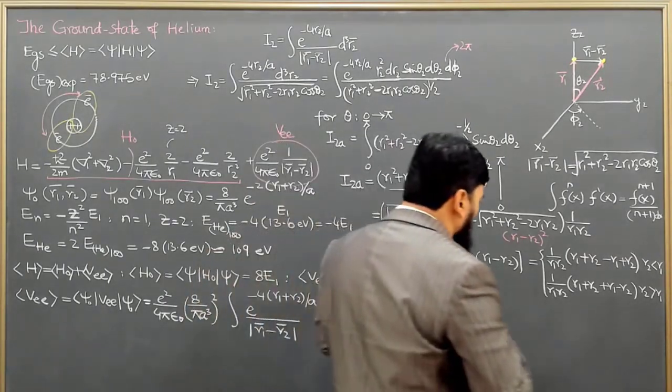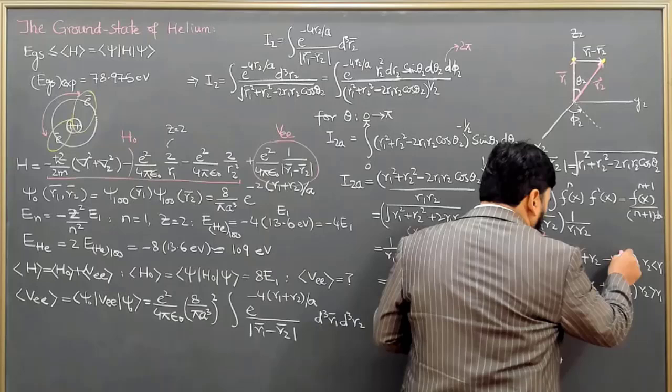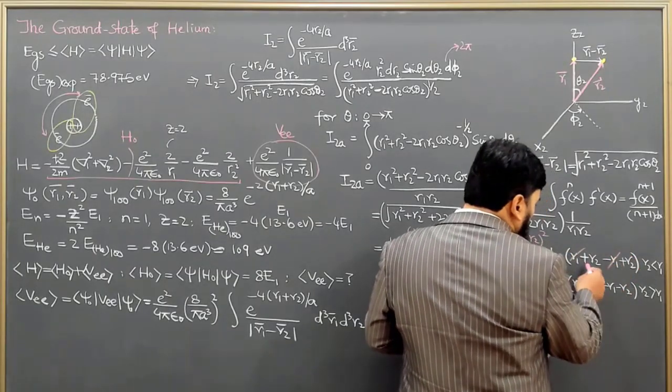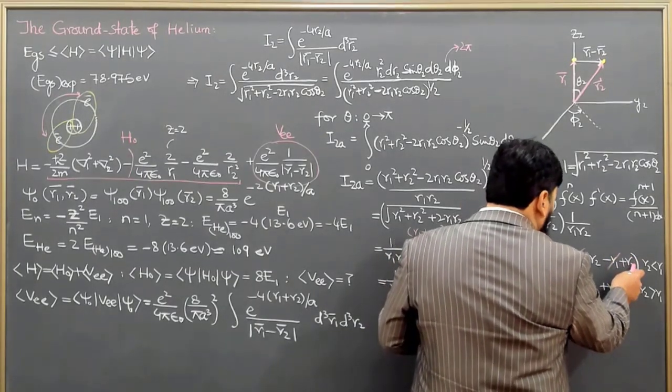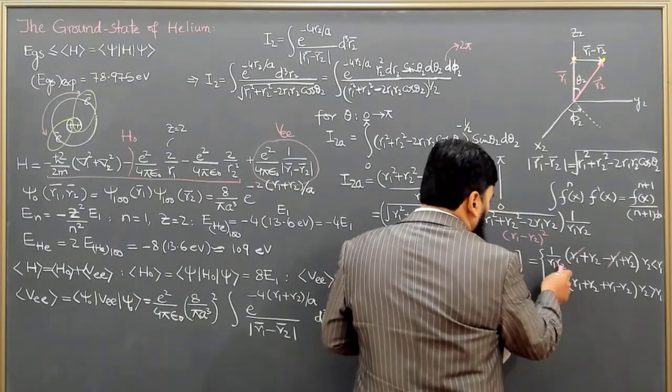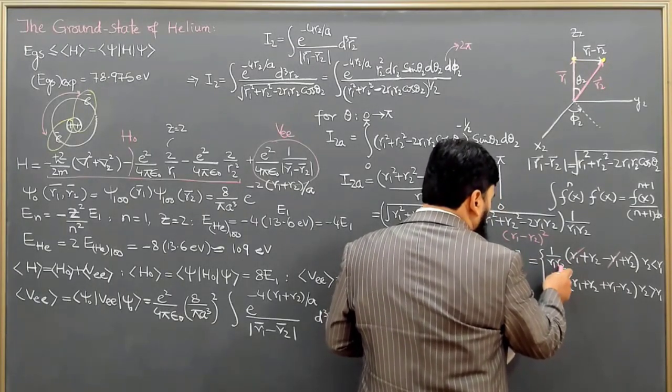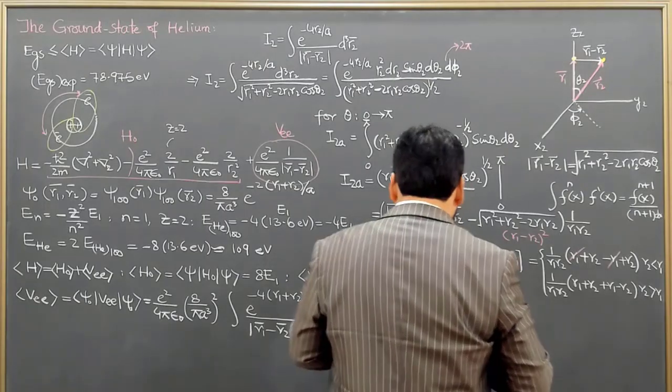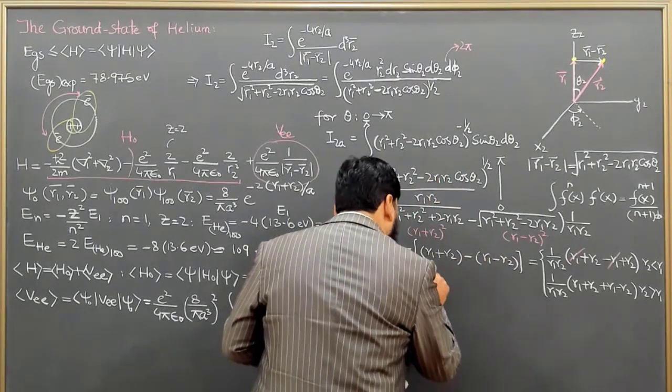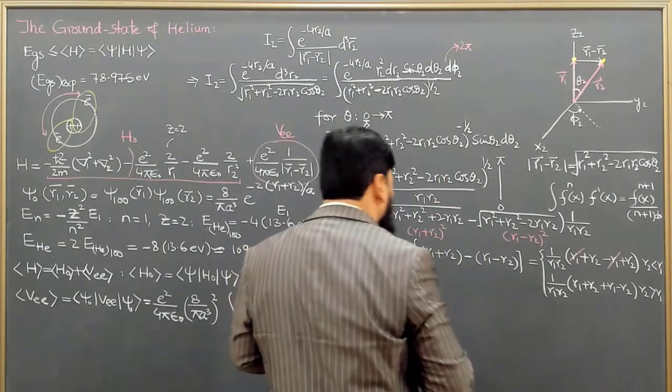Now in this situation we will have the two things here. In this one, r1 and r1 are cancelling, and we have 2r2, and r2 will cancel, and what will we get? We will get this thing. Okay, whatever is here, let me leave this thing here.